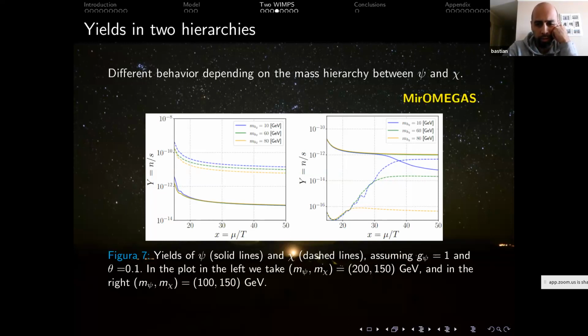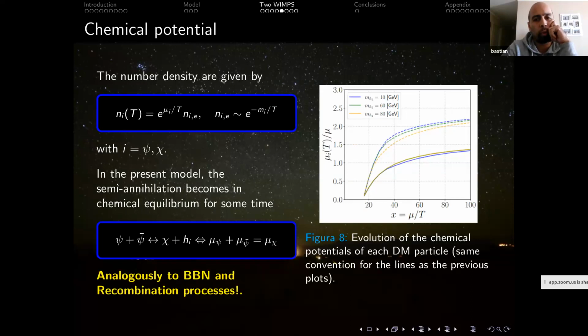The next slide, please. So what is going on here is that the number density of a non-relativistic particle is described by this expression above, where you see that now we introduce the chemical potential, or the fugacity, in the exponential, times the number density of each particle in equilibrium.